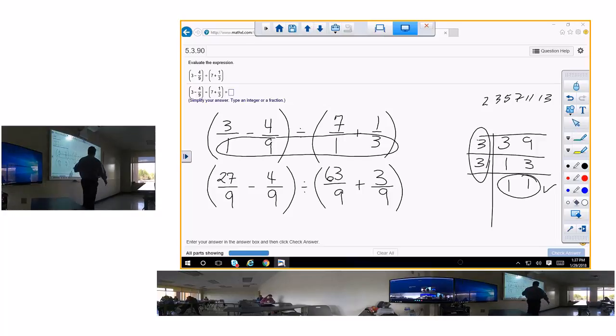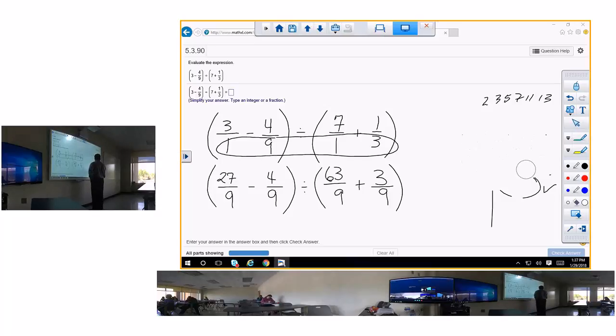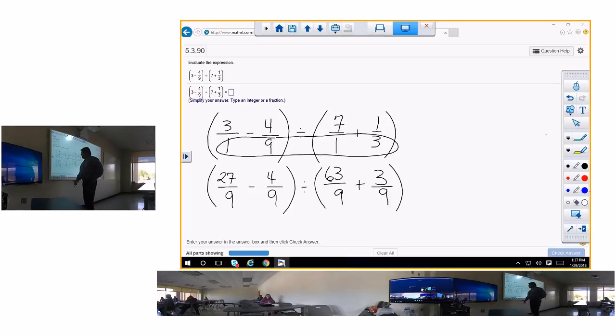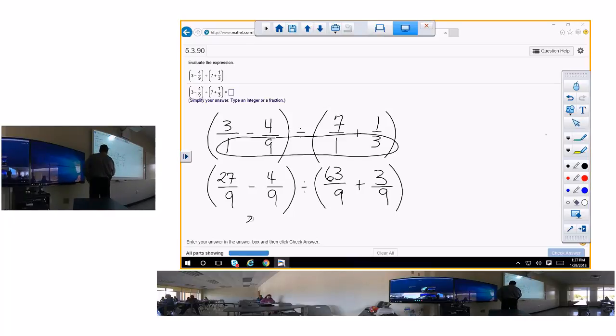All right, so we got this down here. I'm going to go ahead and erase this. Okay, 27 minus 4 is 23 over 9 divided by 66 over 9.